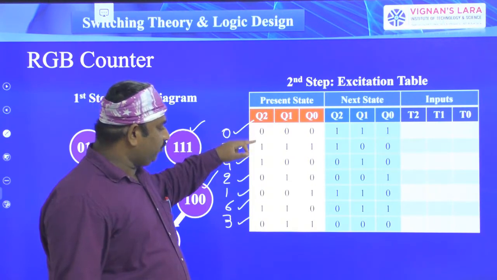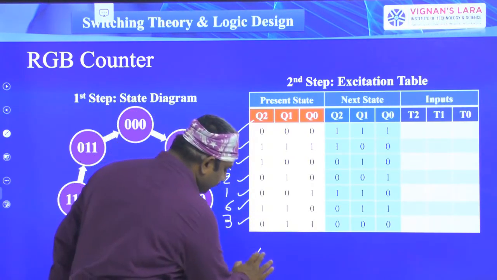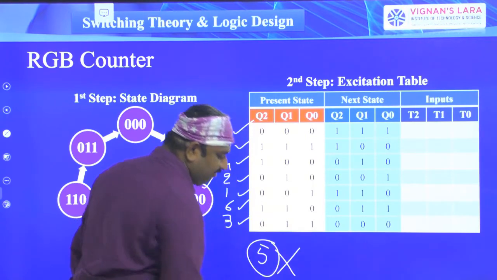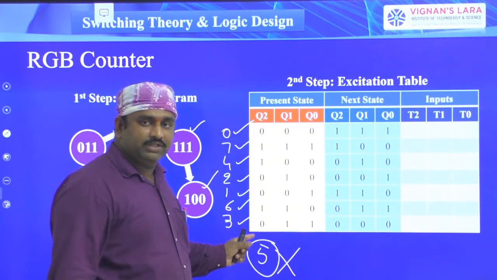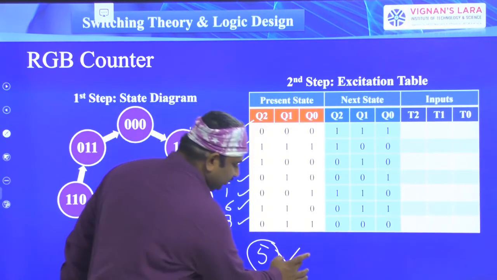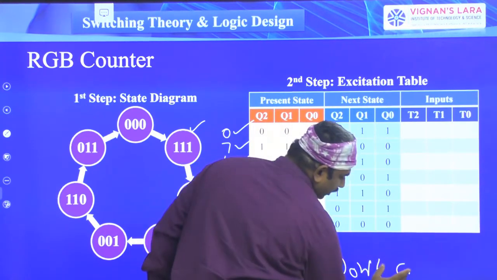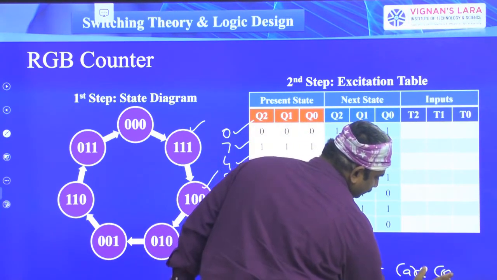But here we have written only 7. We have not written the 5th combination; the 5th minterm is not available in this. So for that reason, you can take this 5th count as a don't care condition.